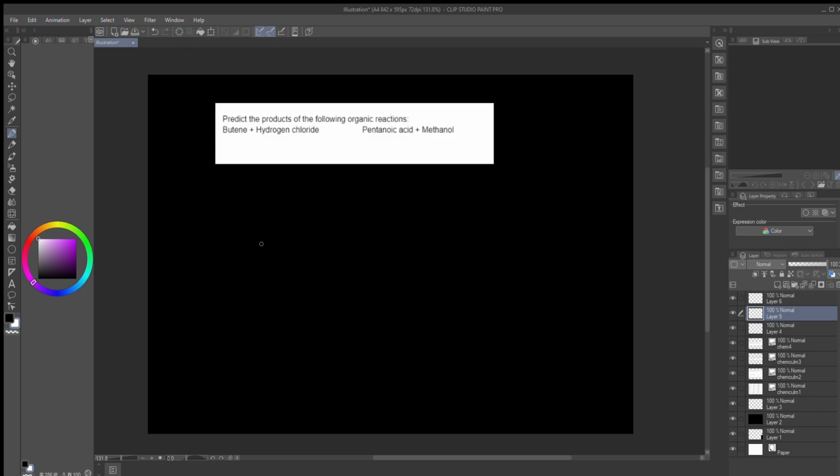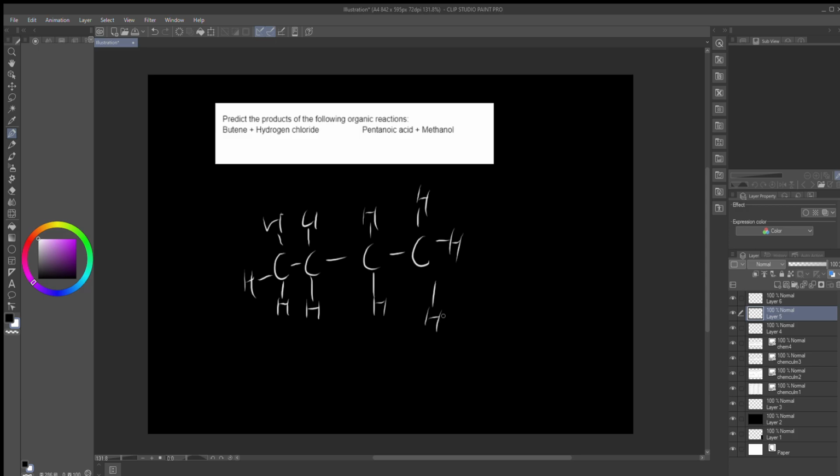And so our final product will look like this. Carbon, carbon, carbon, carbon, with hydrogens and a chlorine. And so that is an example of an addition reaction.